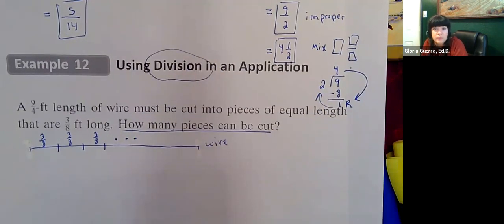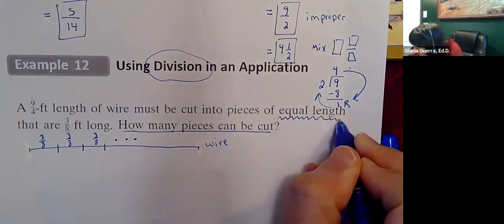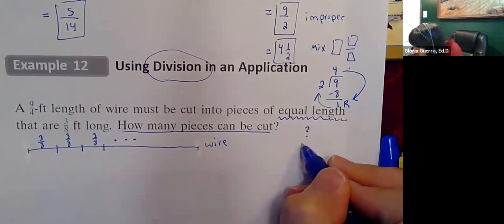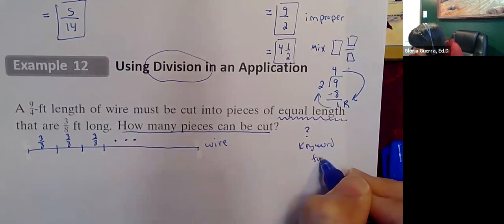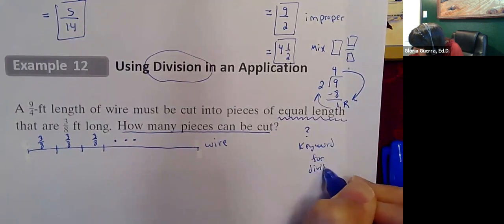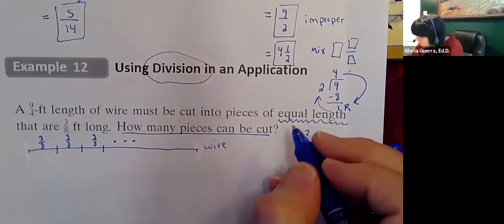Now, do you have a keyword? Maybe the keyword could be the equal lengths. Maybe that's a keyword for division: equal lengths.